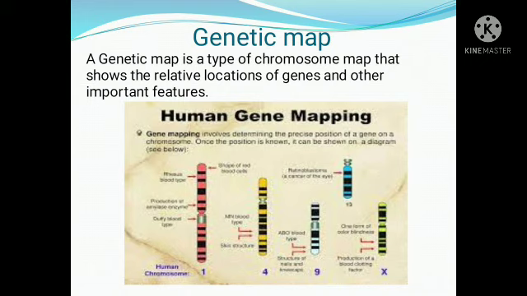Now, what is a gene map? It is a descriptive representation of the structure of a single gene. Or we can call it a graphic representation of the arrangement of genes in a chromosome.